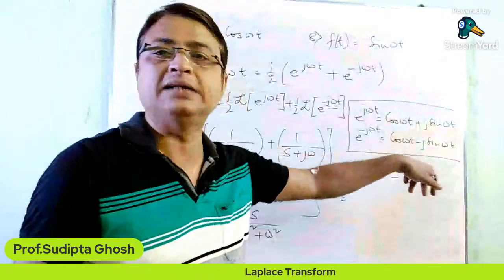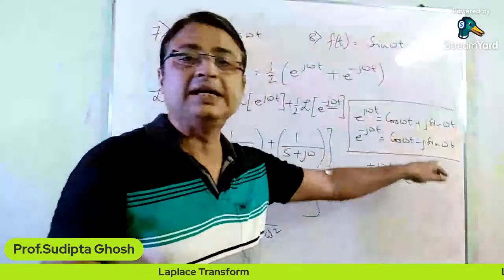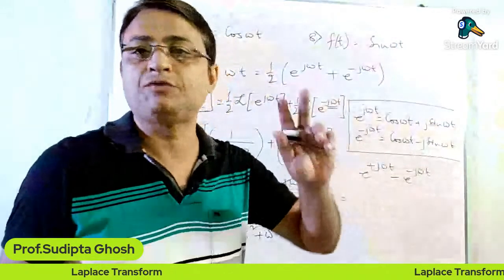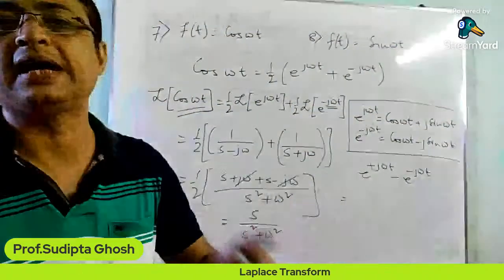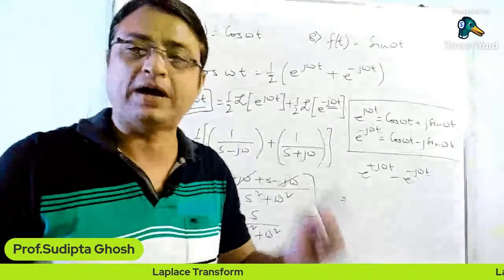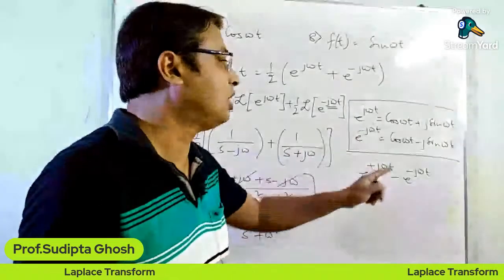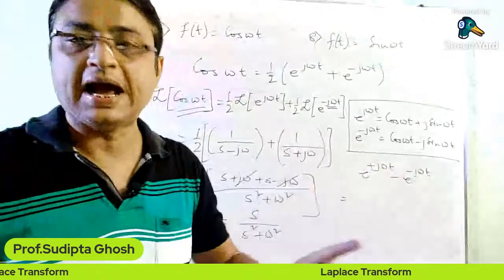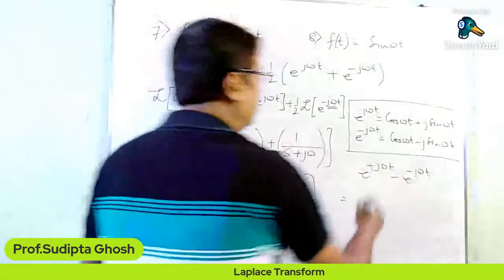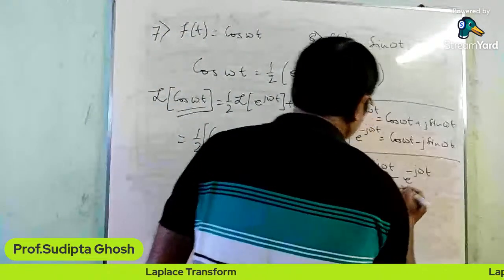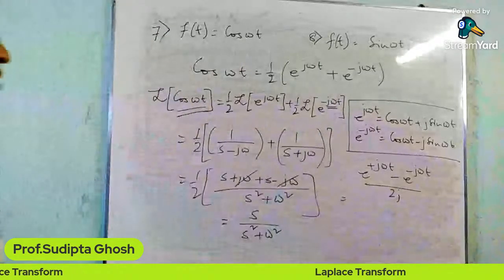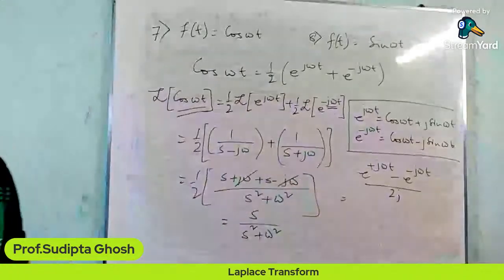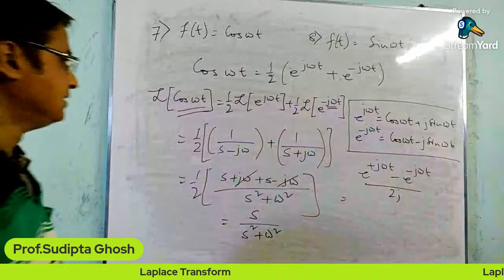So cos omega t cancels, plus j sin omega t. So you have twice j sin omega t, but we have to find the simple value of sin omega t. We have twice j sin omega t, so dividing by this, that is 1 by 2j, we have simply sin omega t.